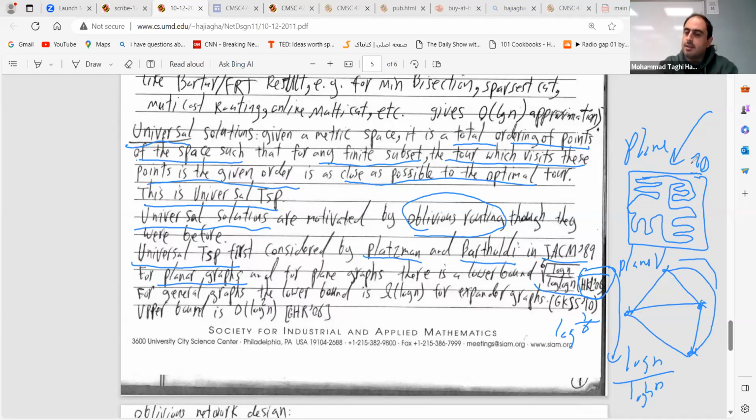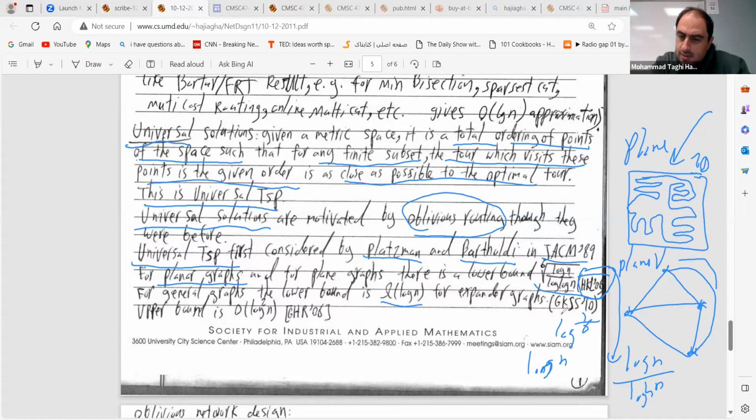Good. So this is the thing that is there, and this was square root of log n, for both plane and planar graphs, and we could actually show log n, where n is the number of points, for planar graphs as well. There was no such bound before the paper that we mentioned. But for general graphs, there is a lower bound of log n for expander graphs. So for expander graphs, for TSP, you cannot get better than log n in general graphs.